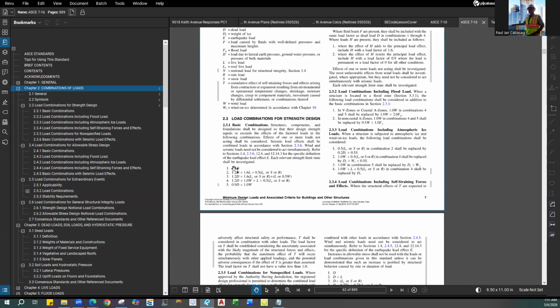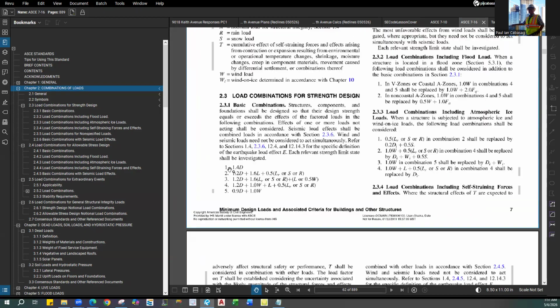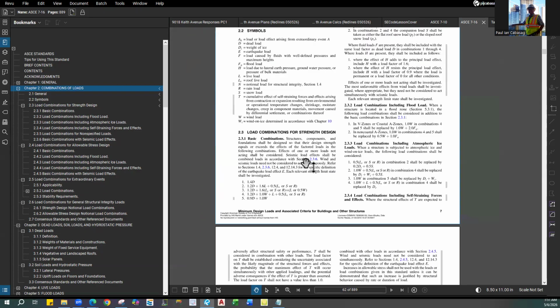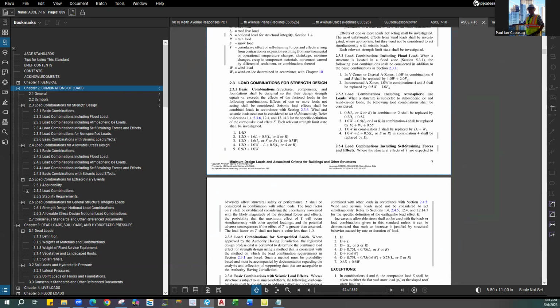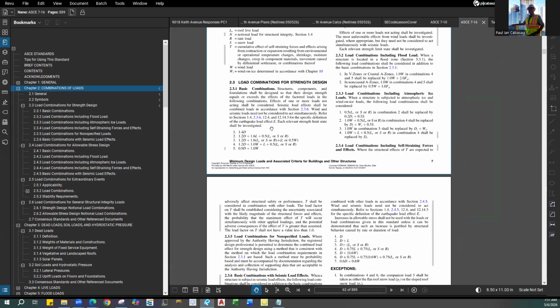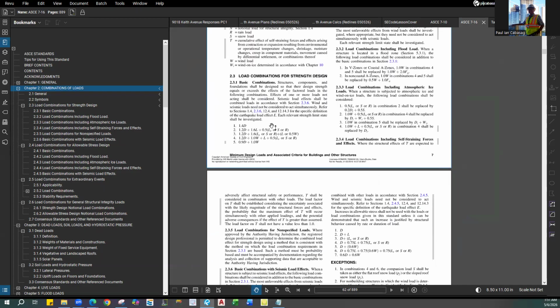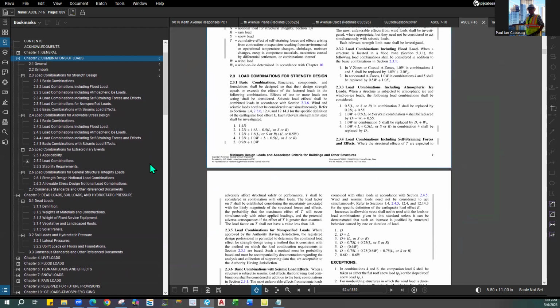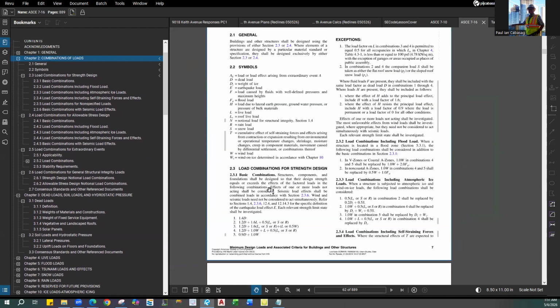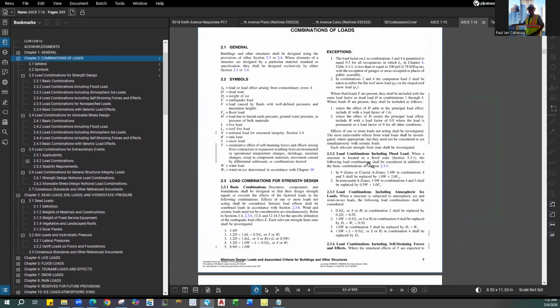And you're going to be referring to this a lot when you're doing your gravity design. We'll just end it with this chapter. We'll do chapters 3 and 4 next time, because those are the main ones, the dead and live load, that I wanted to cover.